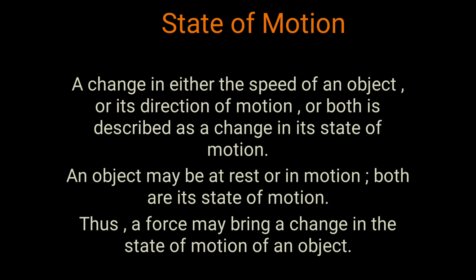A change in either the speed of an object or its direction of motion, or both, is described as a change in its state of motion. State of motion means it is the change in speed as well as the direction. An object may be at rest or in motion, both are its state of motion. Thus, a force may bring a change in the state of motion of an object.